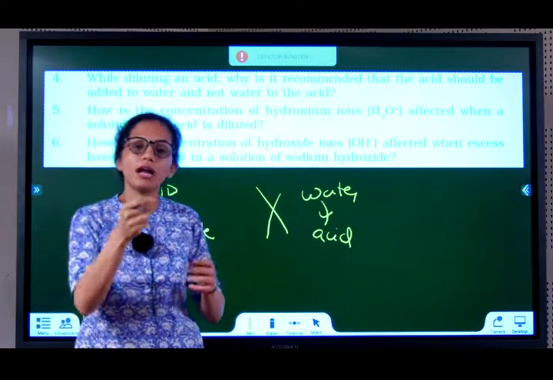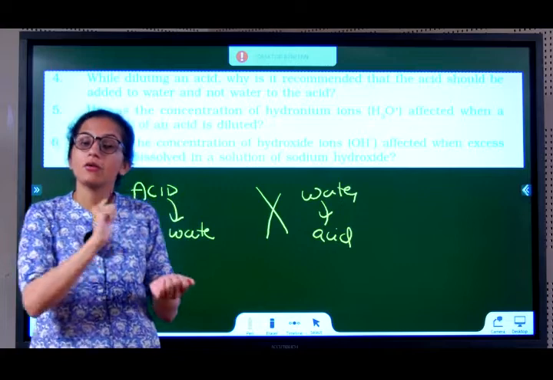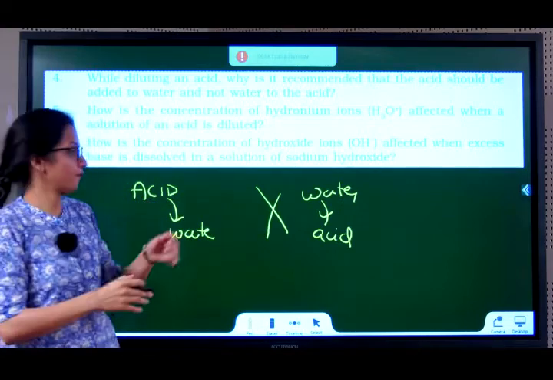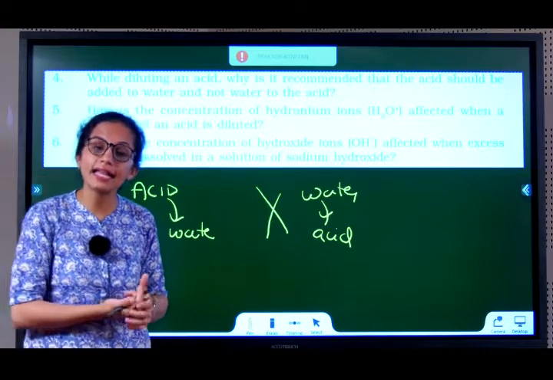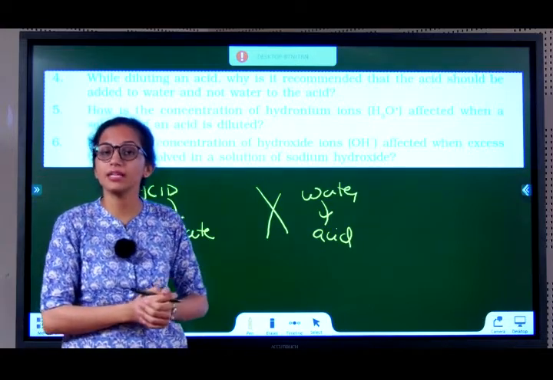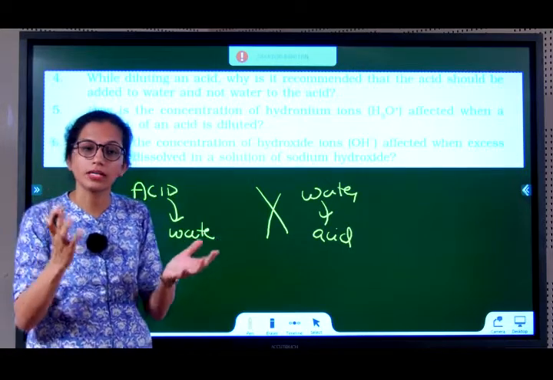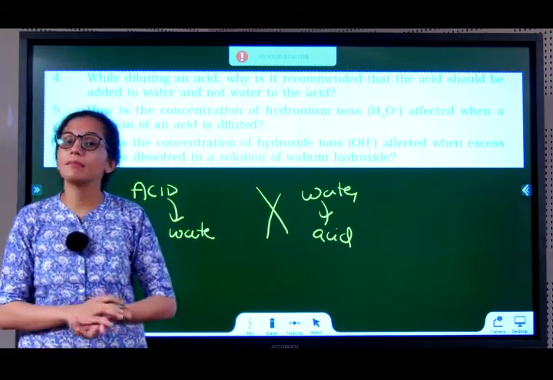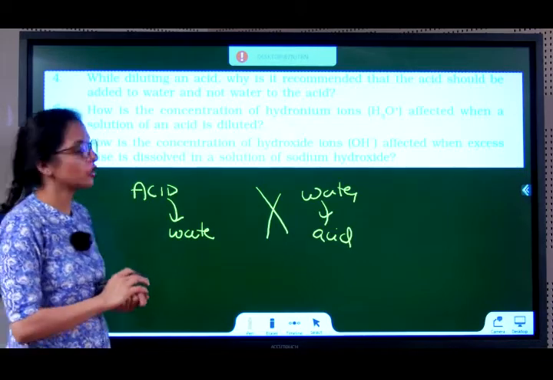You are supposed to add acid to water slowly with constant stirring. If you add water to acid, there may be too much excess heat generated because it is an exothermic reaction. The solution may splash out. Also, the glass beaker may break, which is why you need to add acid to water and not water to acid.